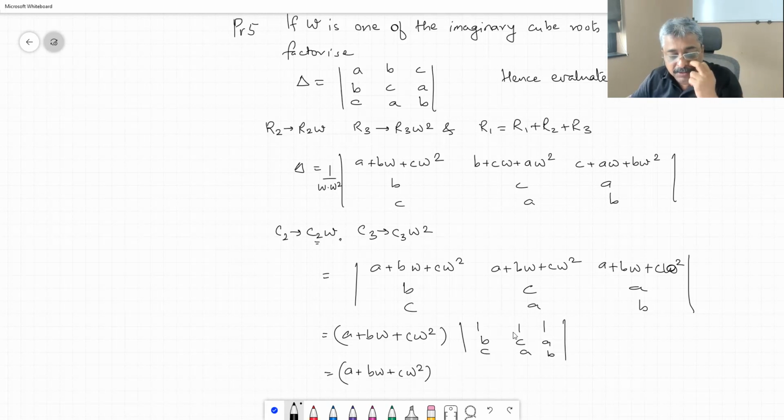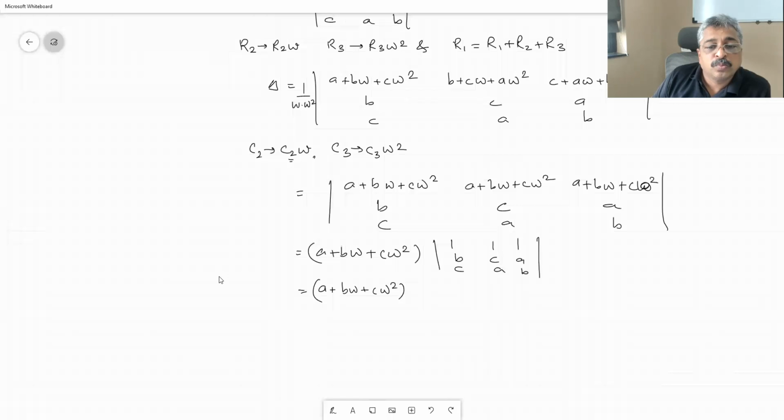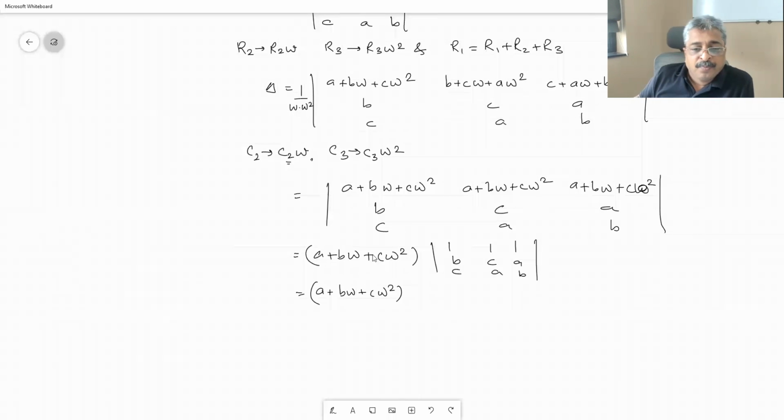what you can do is add columns. Can I take out A plus B plus C common now here? A plus B plus C, A plus B plus C. Okay, as far as factorization is concerned, I think you can cross multiply this now and get the answer.